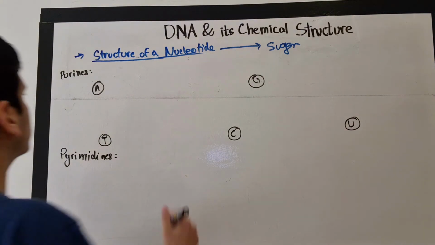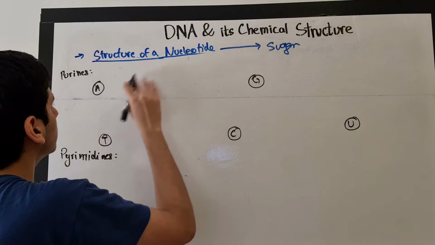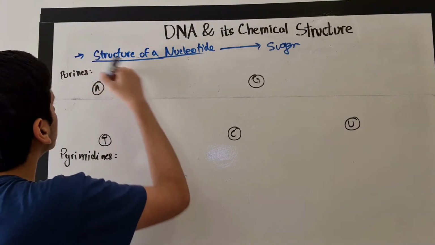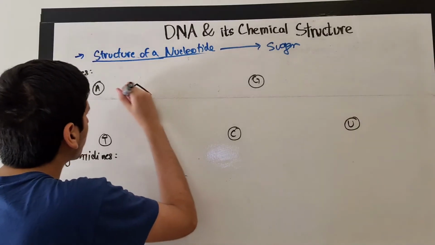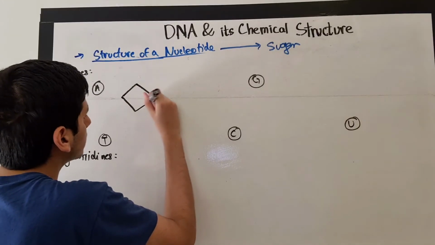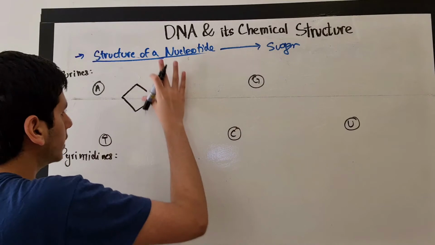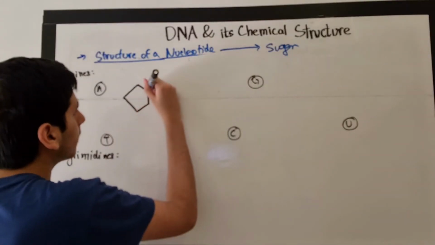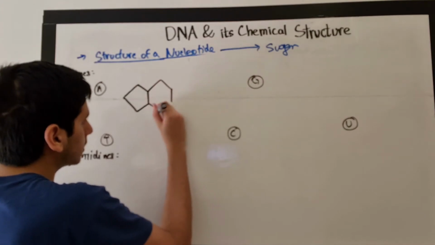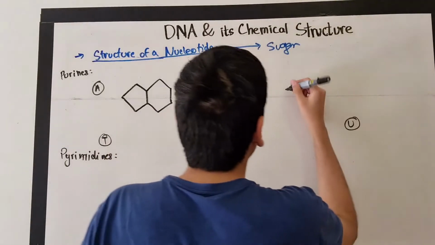Okay, so let me just draw the general structure. The imidazole ring, bonded to a pyrimidine ring. Same thing goes here.